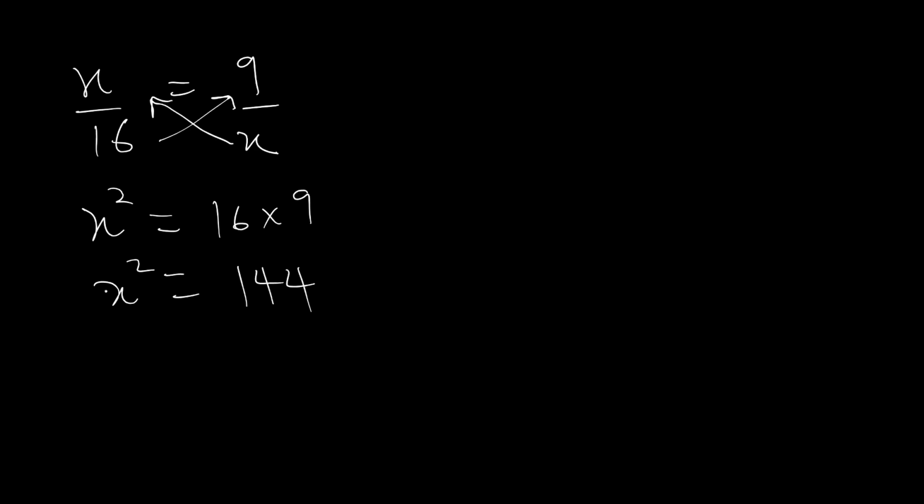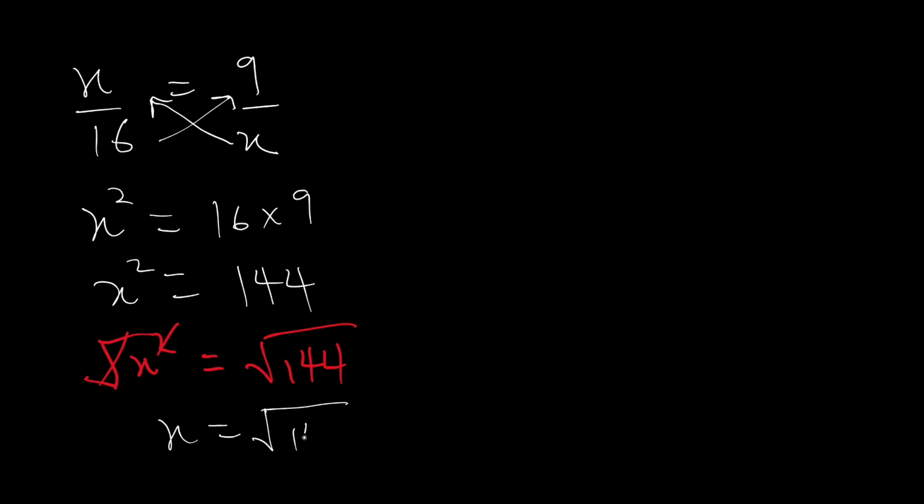Now to get rid of the square, we take the square roots of both sides. So we have the square root of X squared should be equal to the square root of 144. Now square cancels square roots. We have X to be equal to the square root of 144. And we know that the square root of 144 is 12.